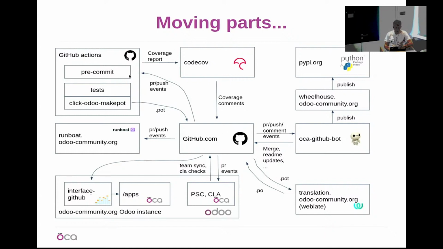We have the code coverage also running on CodeCov. Then we have the publication to PyPI. So when you merge, the bot is basically building a Python wheel and publishing it to PyPI and to our own wheelhouse.community.org.